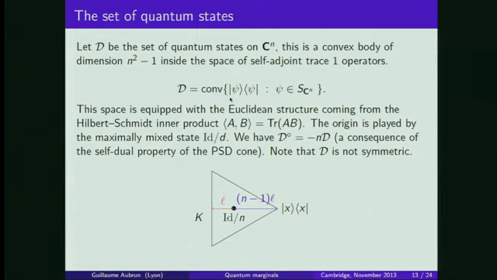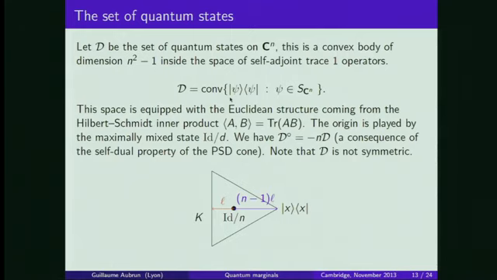And also, this set is non-symmetric. I plotted here, it looks rather like a triangle. There is a point which is somehow the center, which is the maximally mixed state, identity over n. And this plays the role of the origin when we perform convex geometry in this space.